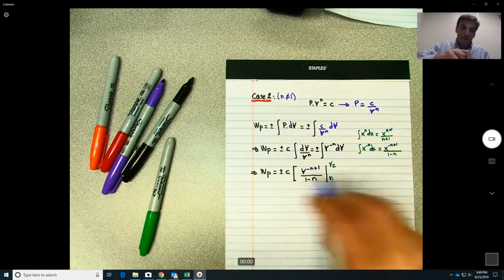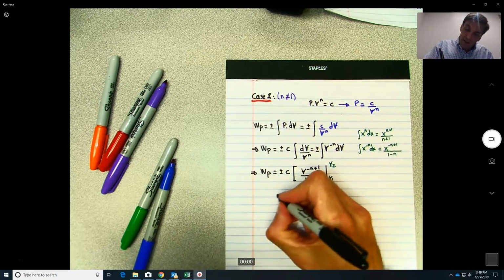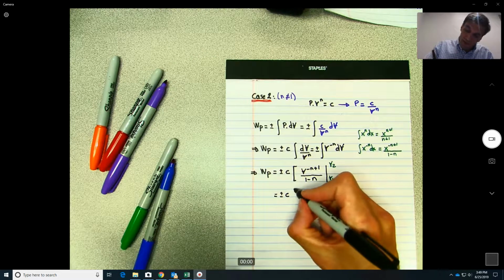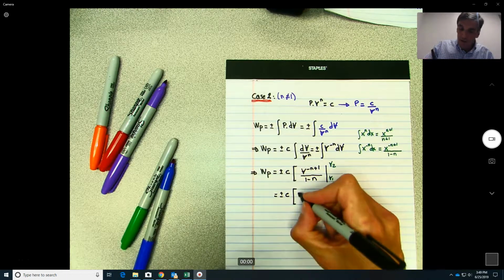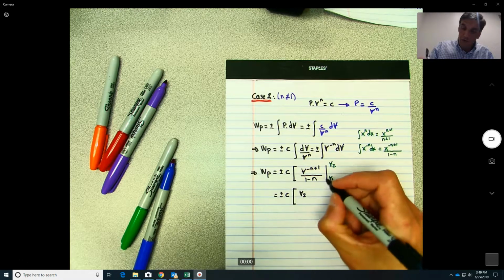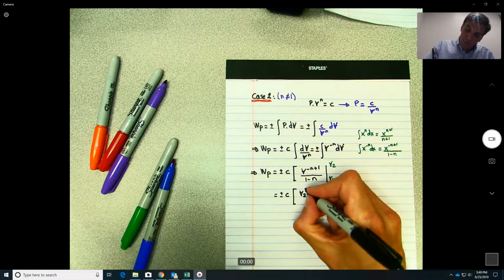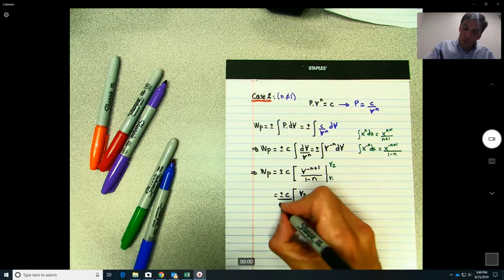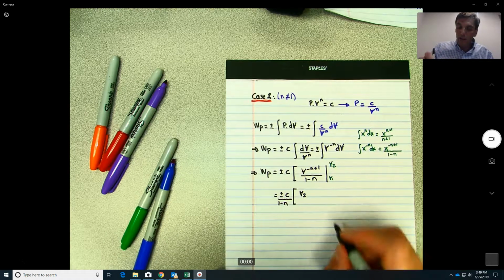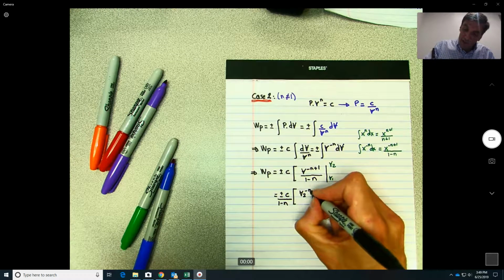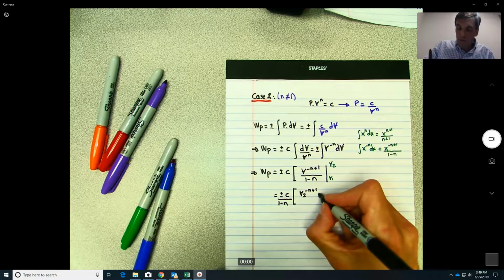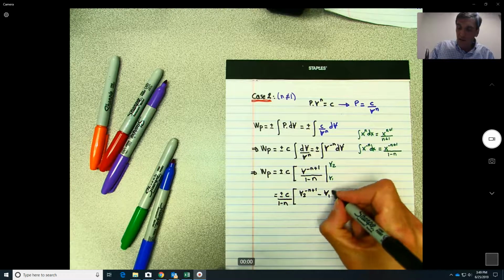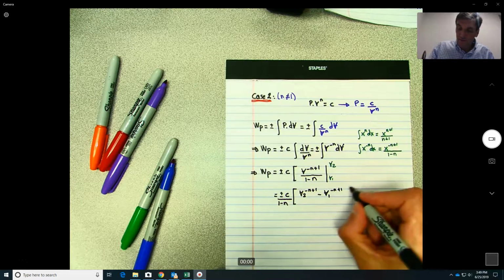So now this will be equal to what? Plus minus C. I can put the 1 minus n over here, so V2^(-n+1) minus V1^(-n+1).